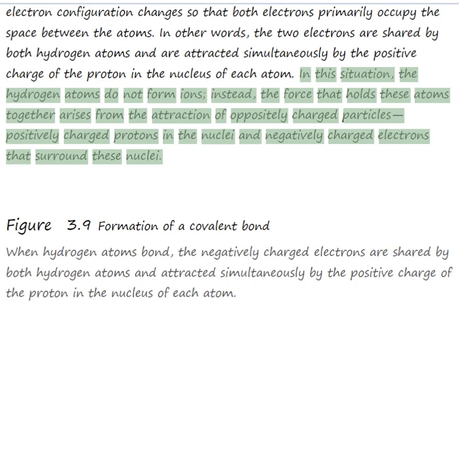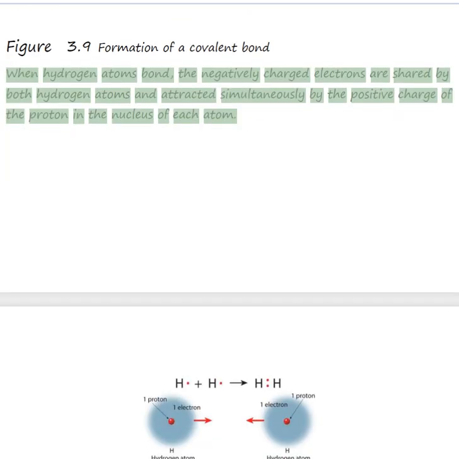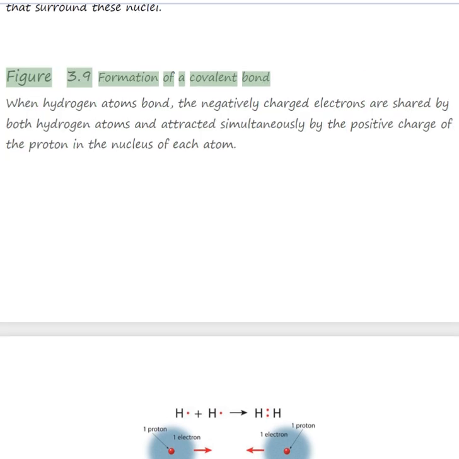Instead, the force that holds these atoms together arises from the attraction of oppositely charged particles, positively charged protons in the nuclei and negatively charged electrons that surround these nuclei. Figure 3.9 Formation of a covalent bond.